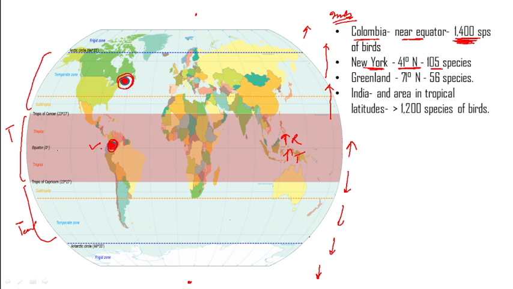So here 1400 species are there, here 105 species are there. Greenland is here. So in Greenland there are 56 species of birds. And in India, here is India, there are 1200 species of birds. So this is basically a comparison of the total number of species of birds found at the different latitudinal areas of earth.